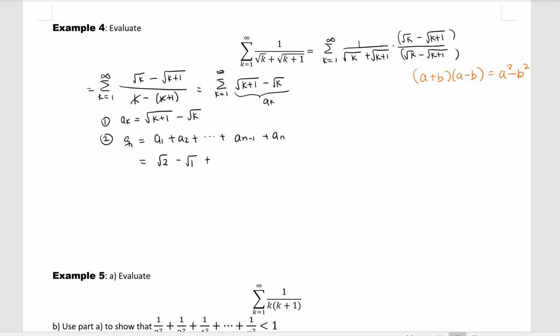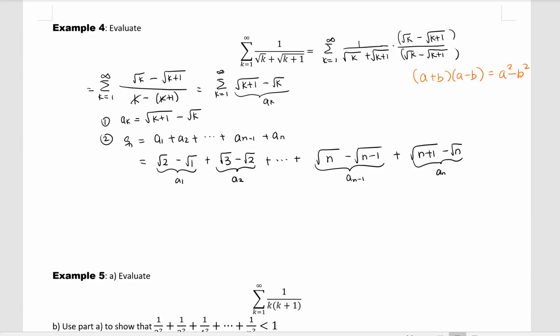That's a1. A2, we plug in k is 2. So square root of 3 minus square root of 2. That is a2. A sub n minus 1, we have square root of n minus 1 plus 1 is n, and then we have square root of n minus 1. So that is a sub n minus 1. And the last term, we plug in k equals n. So we have square root of n plus 1 minus square root of n. So this is a sub n.